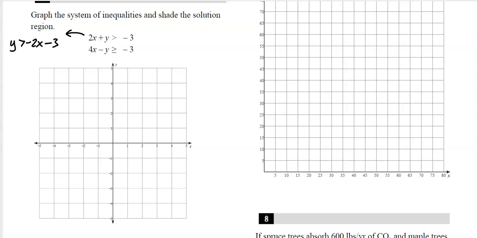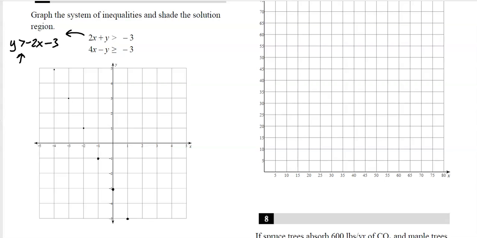So I cross at negative 3. I have a slope of negative 2, which means go down 2, right 1. And I'm going to back it up and go the other way. And since this sign does not have an equal to bar, I know that it's dotted.